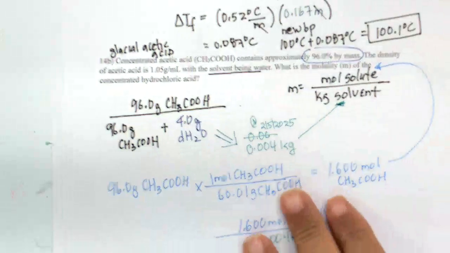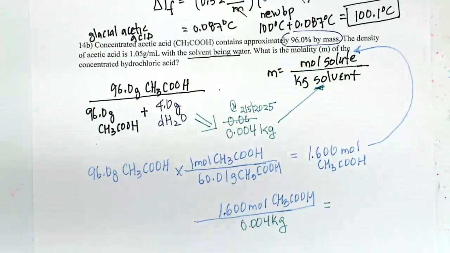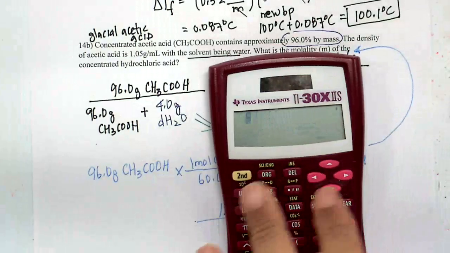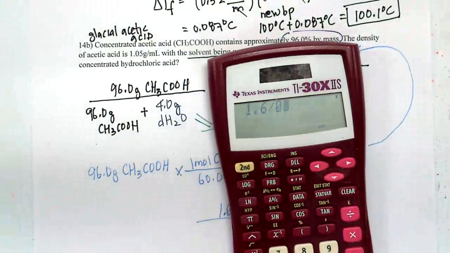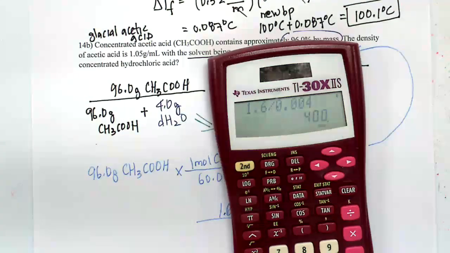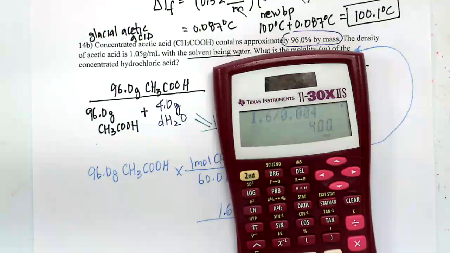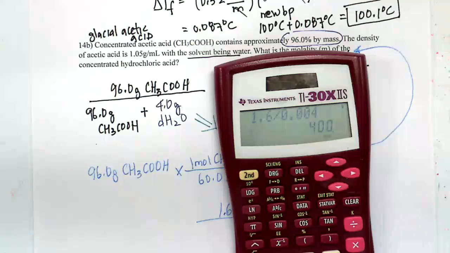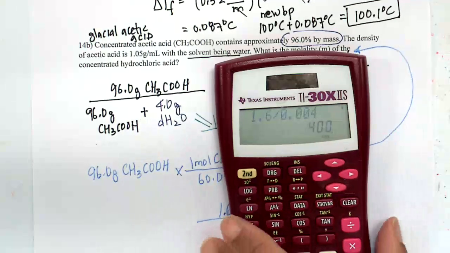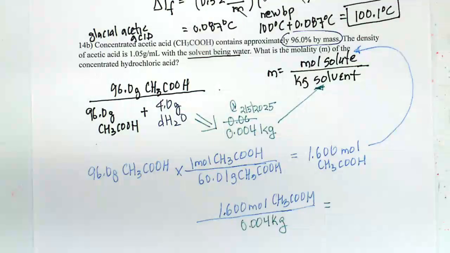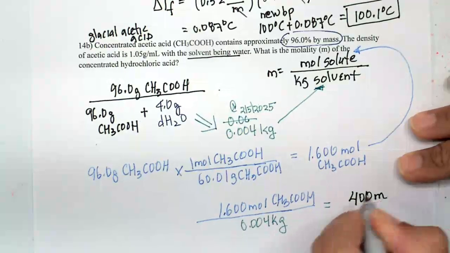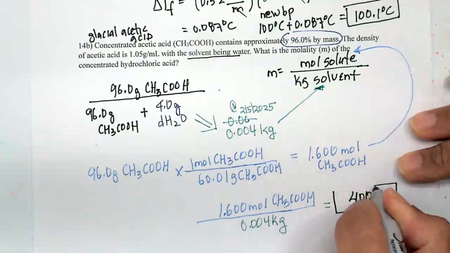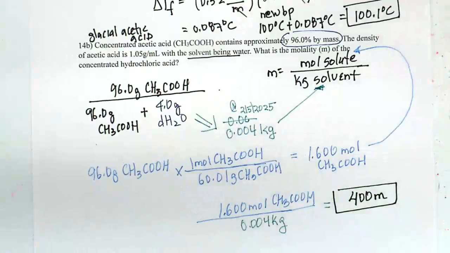And this will be our final answer, moles of solute over kilograms of solvent. 1.6 divided by 0.004, meaning about 400 molal. That's the same thing as 96% by mass acetic acid. 400 molal. That's some very concentrated acetic acid.